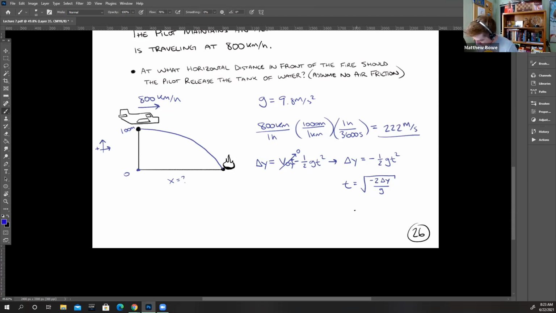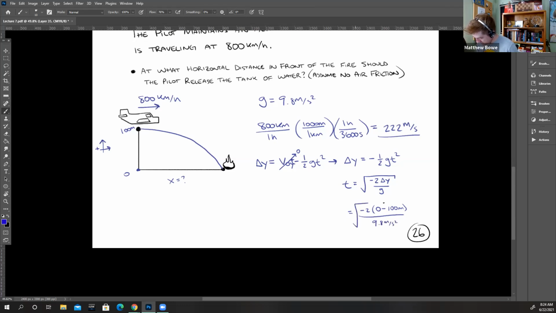So we have minus 2 times the final height, which is 0, minus the initial height, which was 100 meters. That's where you can see this negative 100 appearing. And g is 9.8 meters per second squared.